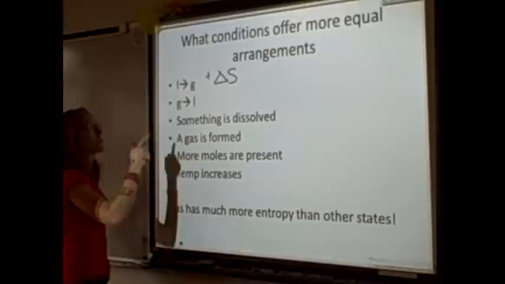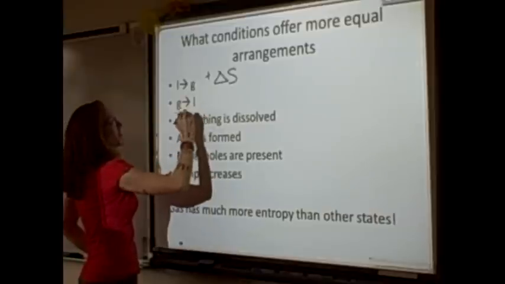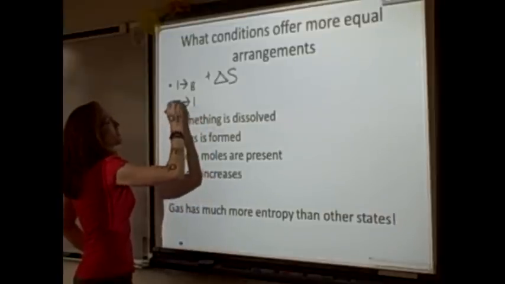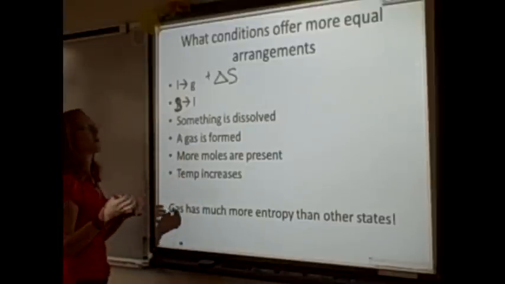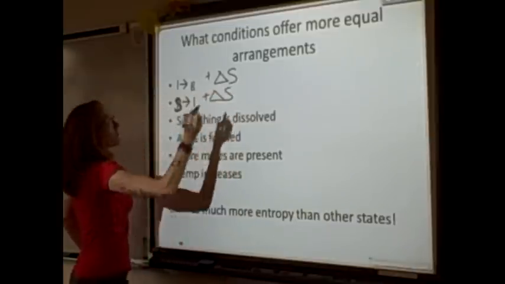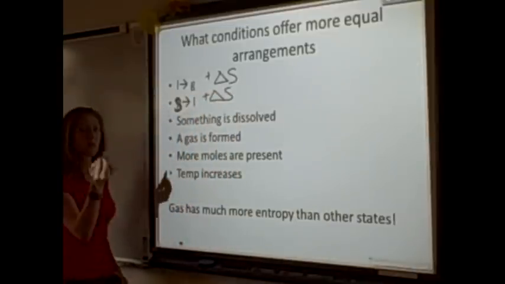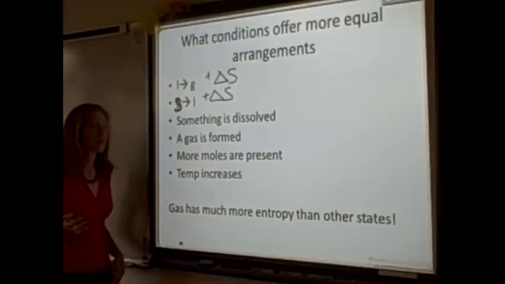If a gas goes to a liquid, well, sorry, let's make that a solid. If a solid melts and turns into a liquid, then the particles again are able to move around more. So that's again a positive change of entropy. If something is dissolved, let's say you put a sugar cube in your coffee, you've seen that it happens on its own.